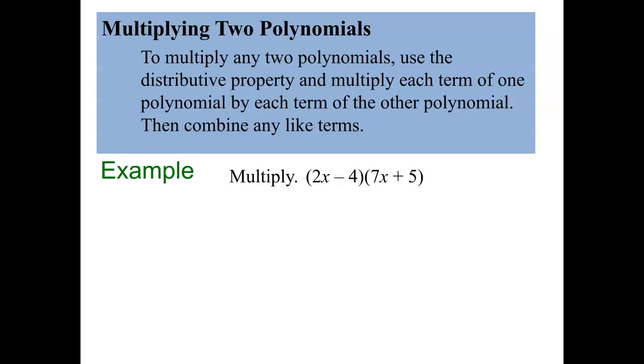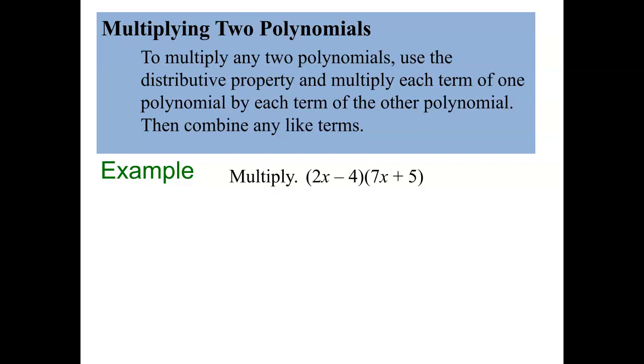But when we add in non-monomials for our multiplication, we're still going to do distributive property, okay?